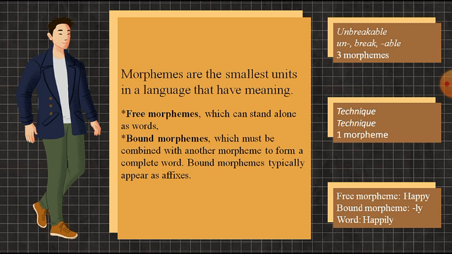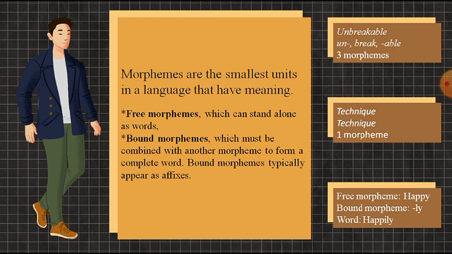From the word happily, there is a free morpheme and a bound morpheme. Here the free morpheme is happy. Happy is the basic word, and the bound morpheme is the ly in happily.